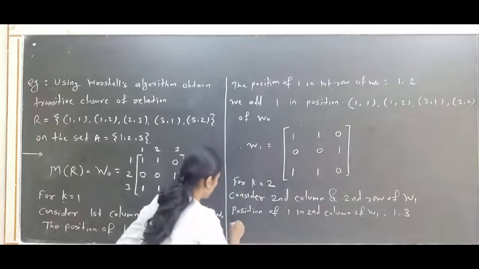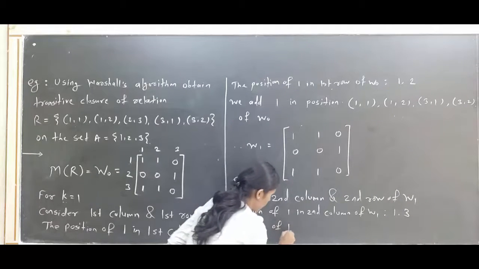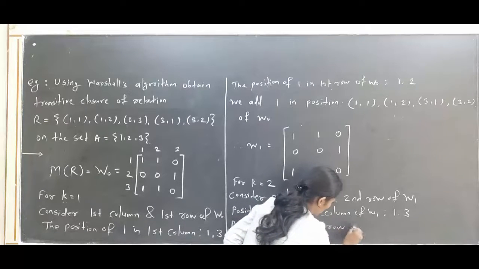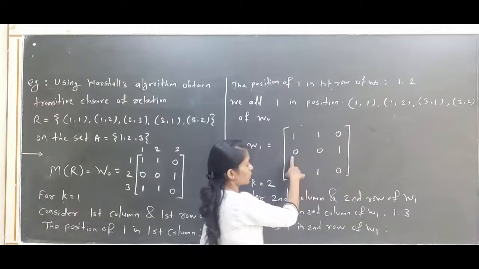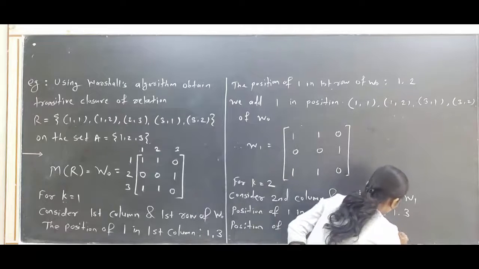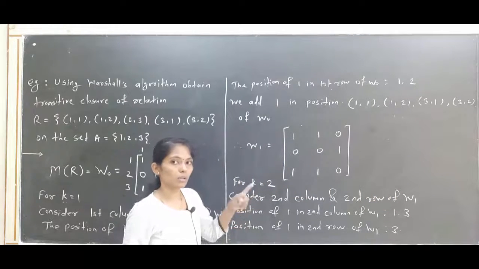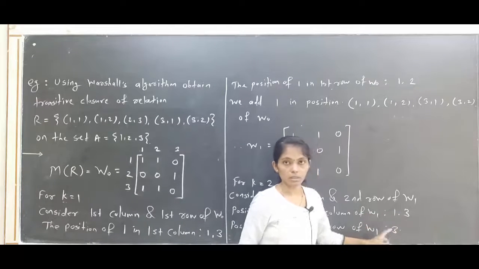Then similarly find the position of 1 in the second row of W1. In the second row of W1, 1 is in position third. So 3. Now find the Cartesian product column to row, that is 1 3 and 3 3.